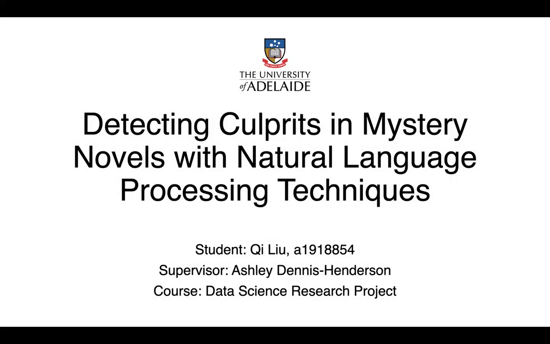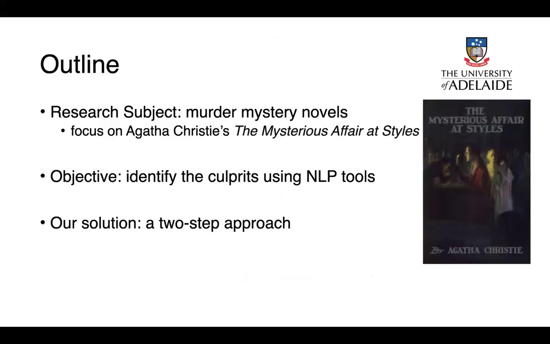My project is detecting culprits in mystery novels using natural language processing techniques. The subject of my research is murder mystery novels, and we focus on Agatha Christie's novel, The Mysterious Affair at Styles.